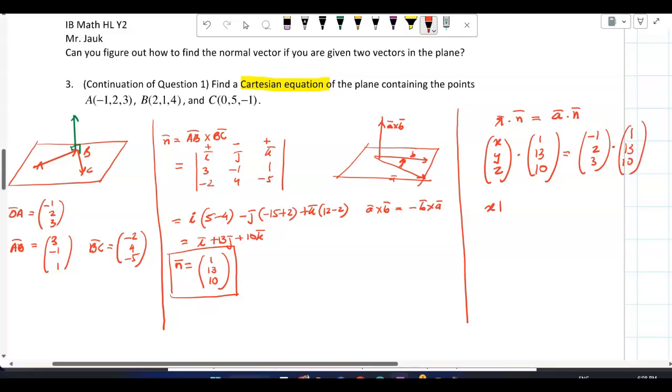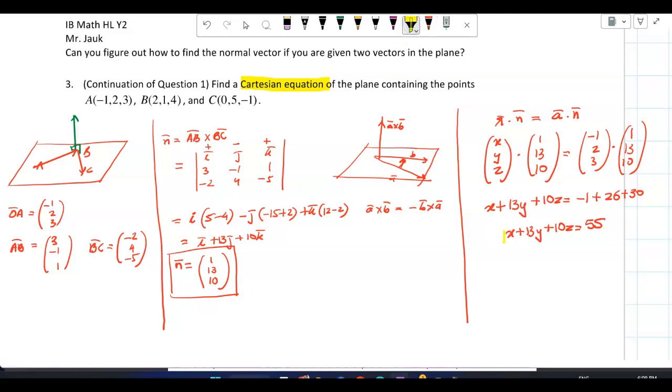So that's x plus 13y plus 10z is equal to minus 1 plus 13 2s are 26, plus 30, that's 55. So x plus 13y plus 10z is equal to 55. That's your answer. Not too bad.